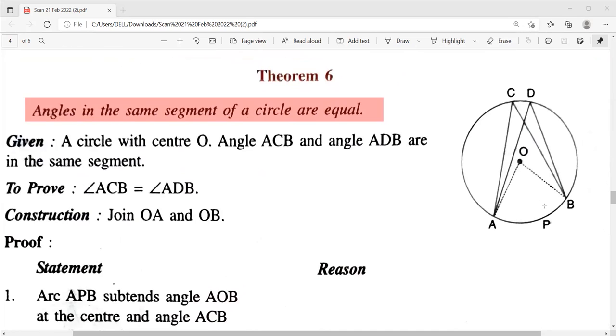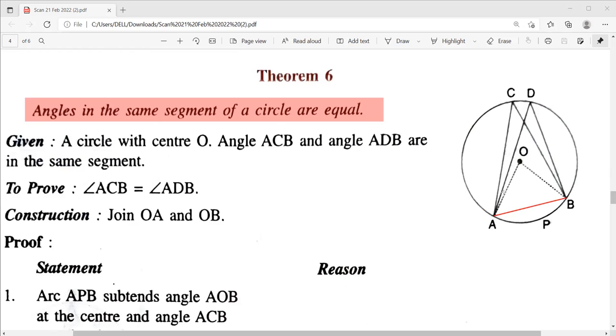We got here AB, which is a chord of this circle. Now you know that whenever you draw a chord in a circle, the chord will divide the circle in two parts.